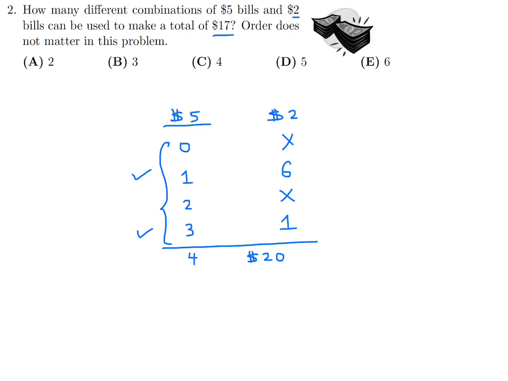The first is one $5 bill and 6 of these $2 bills, 2, 2, 2, 2, 2, 2. That would add up to 17. And the second scenario is three $5 bills and one $2 bill, and that is 17. So there are two combinations, and for number 2 the answer is A.